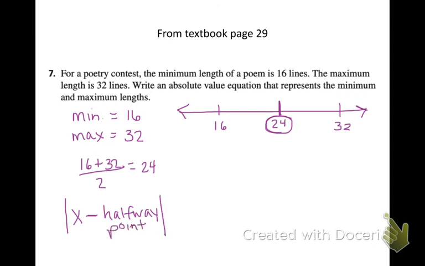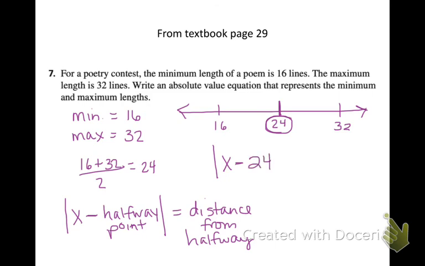All right, and then that's going to be equal to, and this is the distance from the halfway point. All right, so we start this out. We have x minus 24, okay? Keep in mind, because 24 was positive, this expression does remain x minus 24.